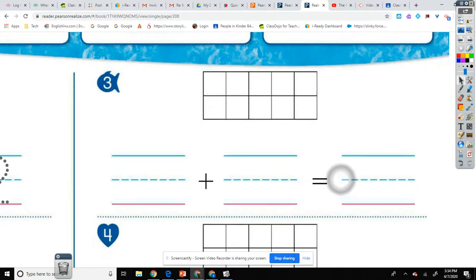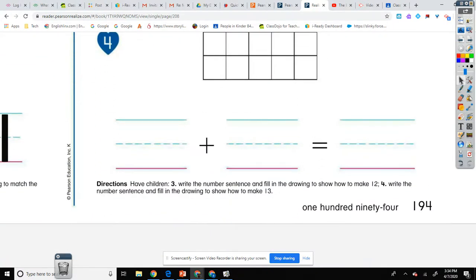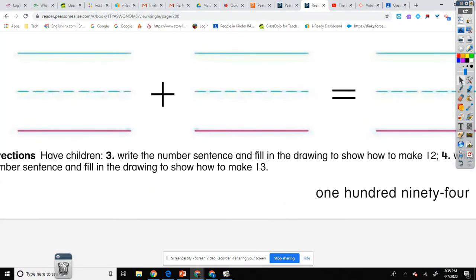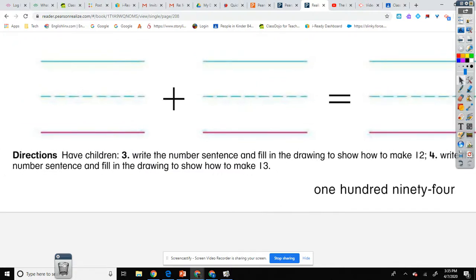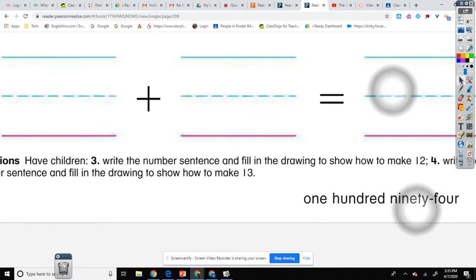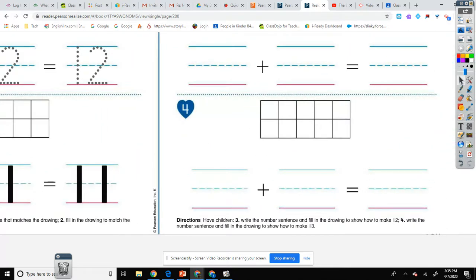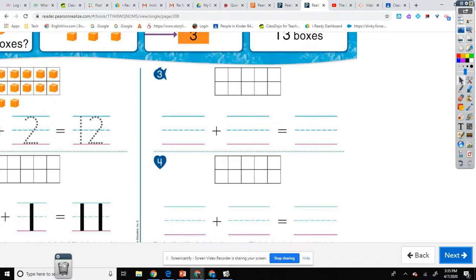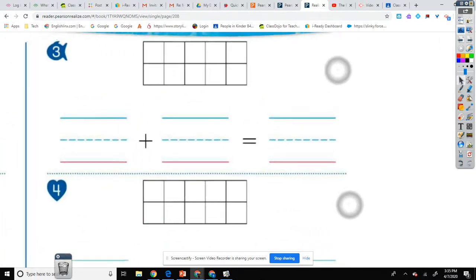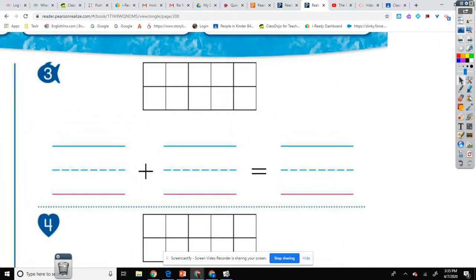Number 3 looks like that. And then the directions say, have children write the number sentence and fill in the drawing to show how to make 12. Okay, so the number sentence equals 12, because you are to make 12.